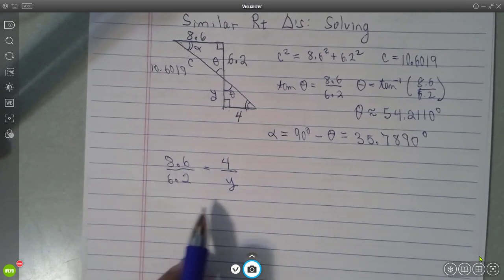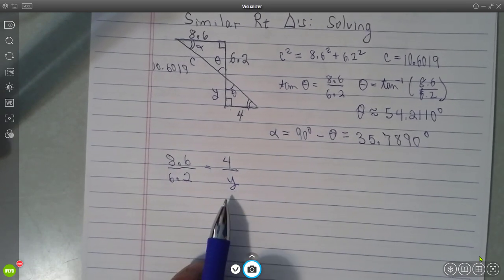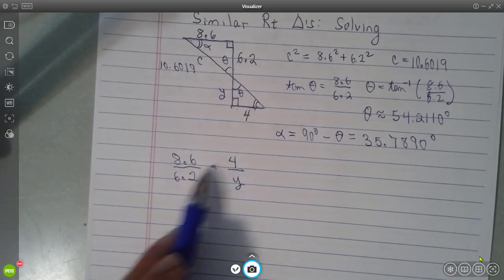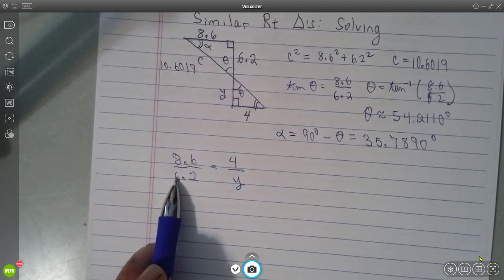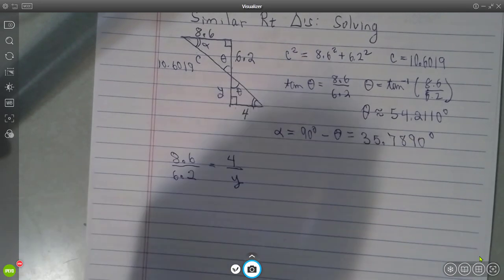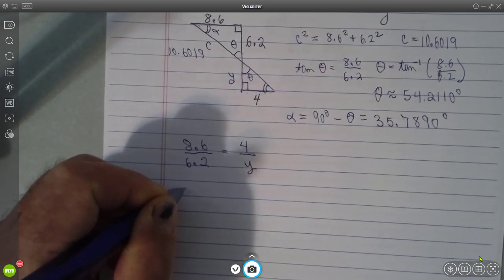And now we simply want to solve this. Some people like to think of this as cross-multiplying. Others like to think of it as just multiplying through by both 6.2 and y. However you do it, you'll get this.